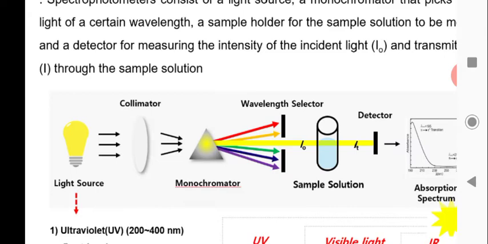For example of a monochromatic source, in your street light you are using a particular bulb called a sodium vapor lamp. The sodium vapor lamp is monochromatic. Why is it monochromatic? It will emit only yellow light. Similarly, your incandescent lamp is a monochromator.